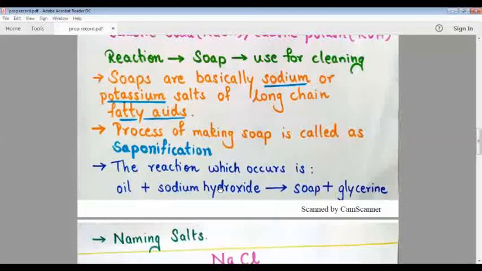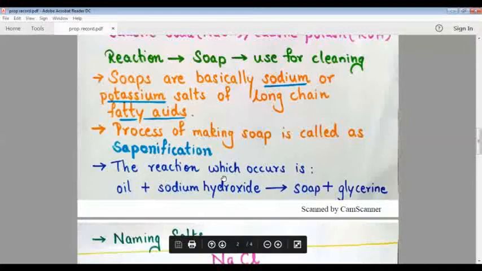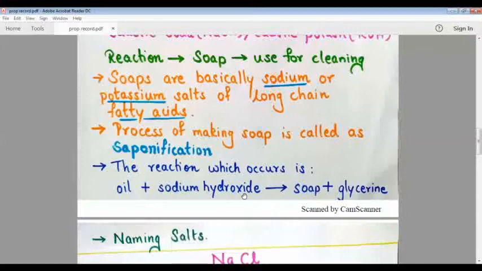As it is lighter, it will separate out on the top of the solution. And now we can give the word reaction: when oil reacts with sodium hydroxide, it will form soap plus glycerine. Clear with this, everyone?